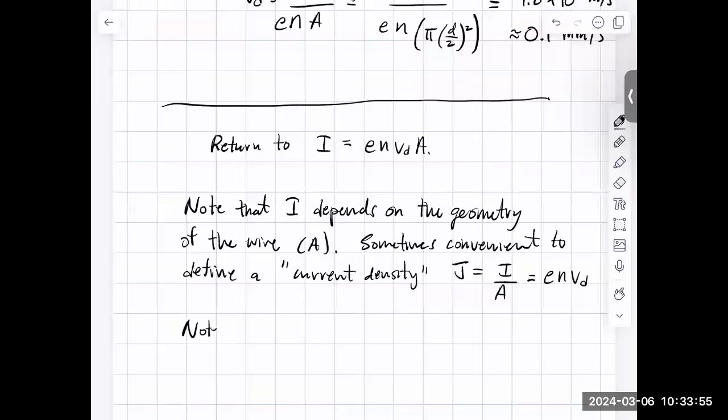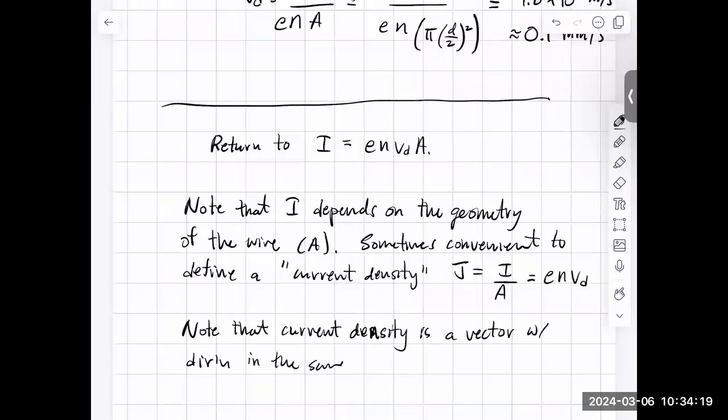So let's note that current density is a vector with direction in the same direction as the drift velocity, which is equivalent to the same direction as the current.